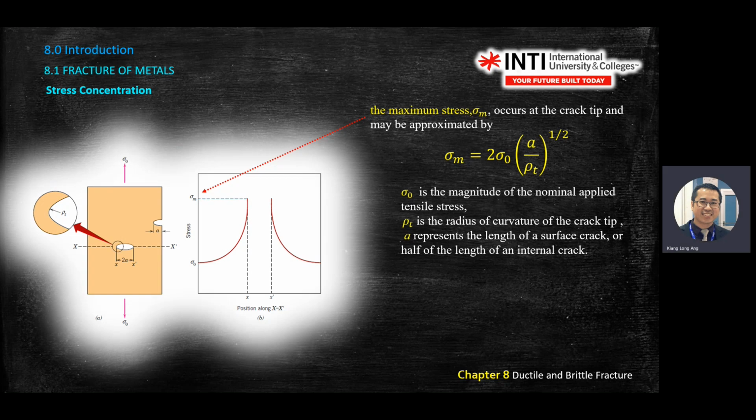Don't be confused by the question. If the question gives you the diameter of the defect or hole, you divide by 2, because this equation uses A. And remember to square root the answer.